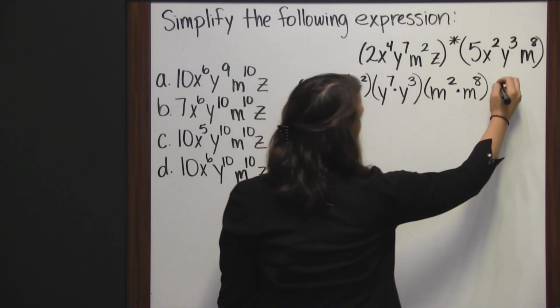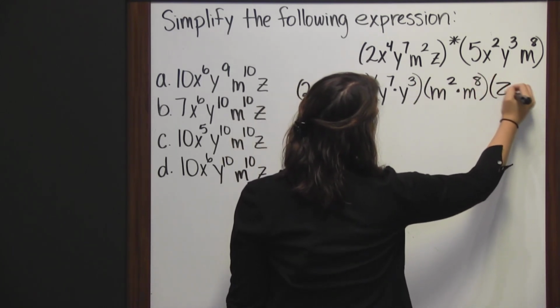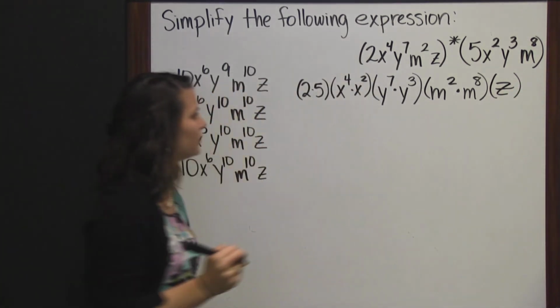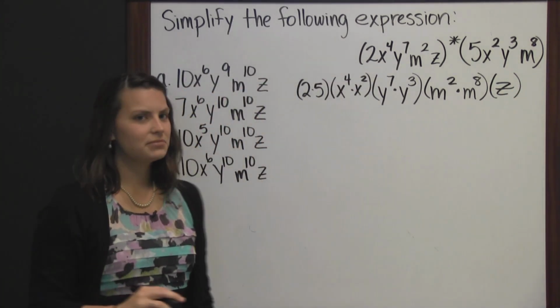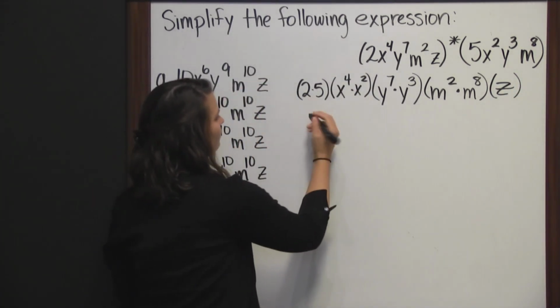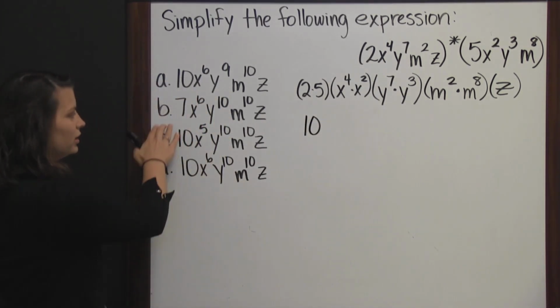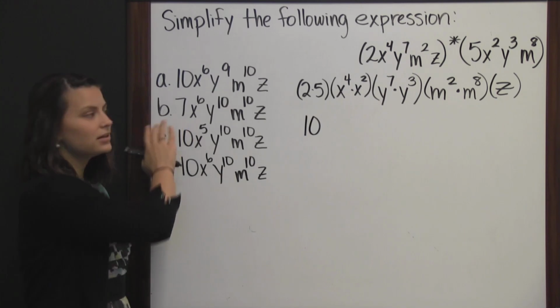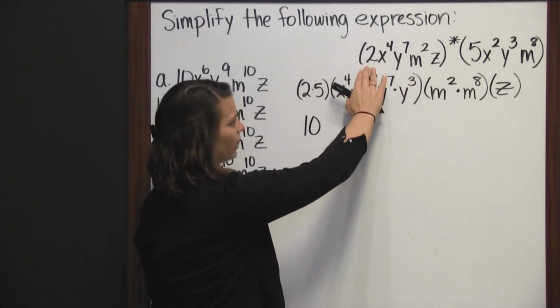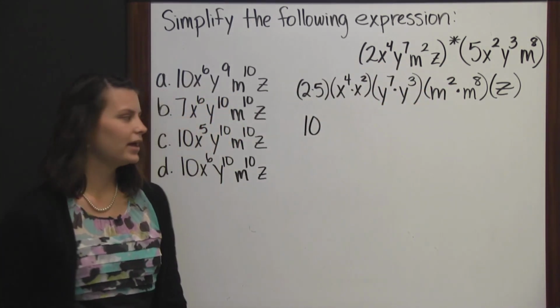And then finally we just have this z, so times z. And now we'll simplify each one of these. So 2 times 5 is 10. And so right now you could already eliminate answer choice B because we're multiplying. We're not adding 2 and 5 together, we're multiplying.